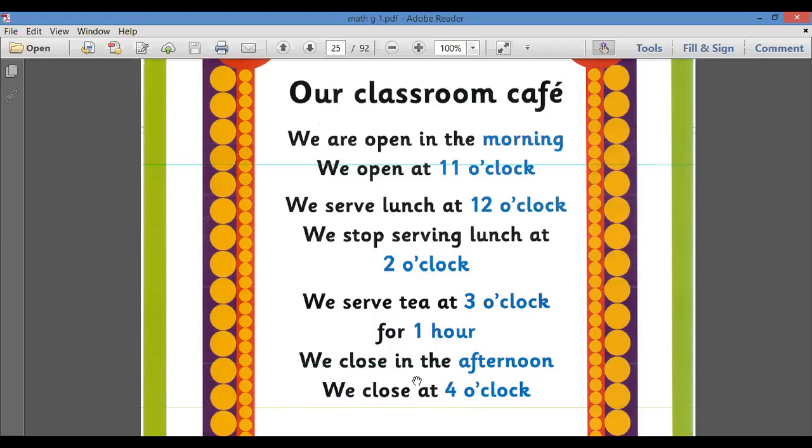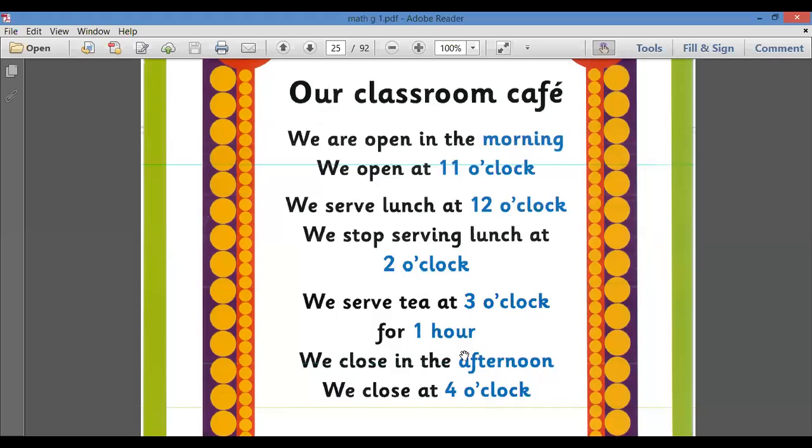We close in the afternoon. Afternoon means after Zohar. Now, what is the time? Now, the time is afternoon, not morning.